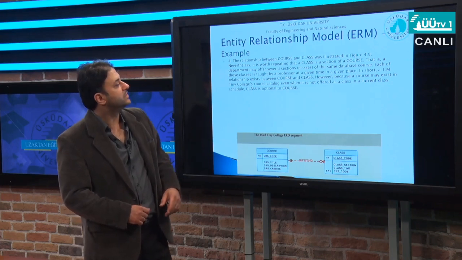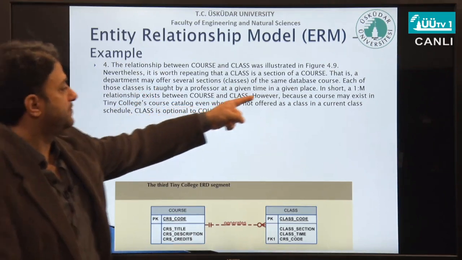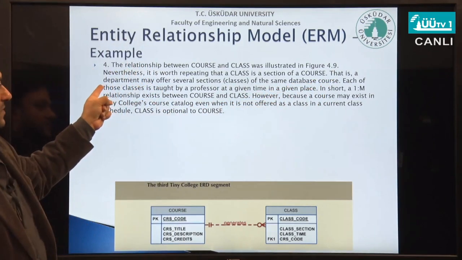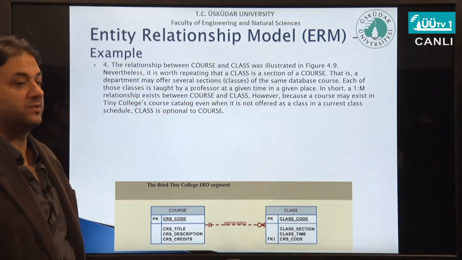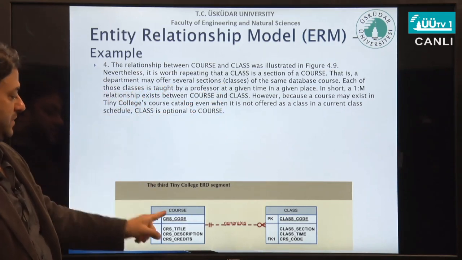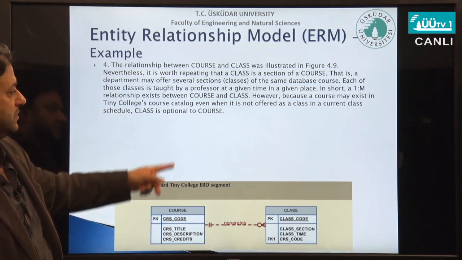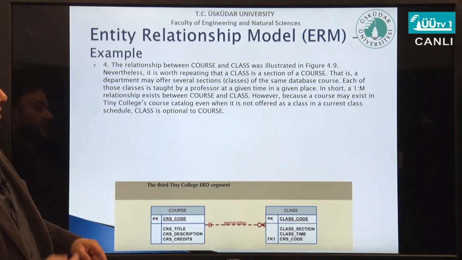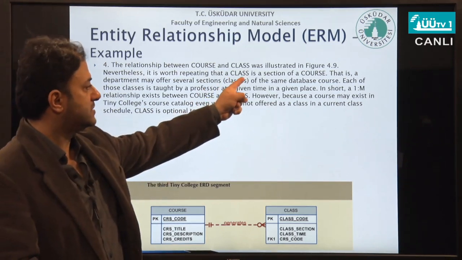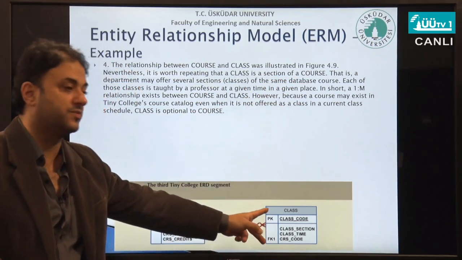A department may offer several sections or several classes. So when you say a department, this is one, several courses, several classes. A class is a section of the course. The class is part of the course.